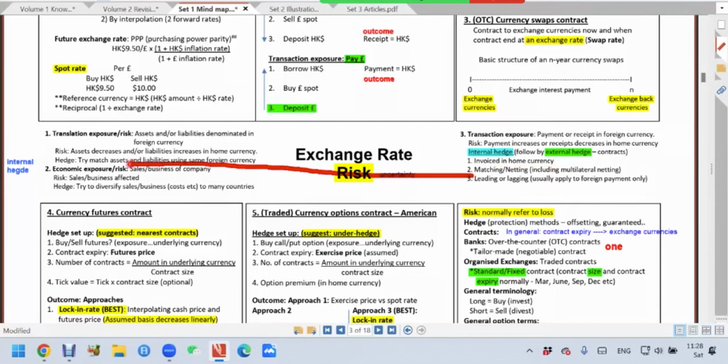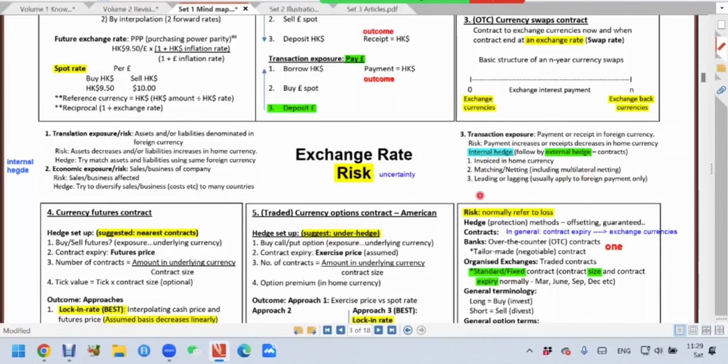If you pay in pounds, you want to receive in pounds also, so that they net off. After you match the currency, you do netting to cut down the exposure. For this netting, a company can do netting, or a few companies can do netting. We call that multilateral. We will handle this later in the illustration.